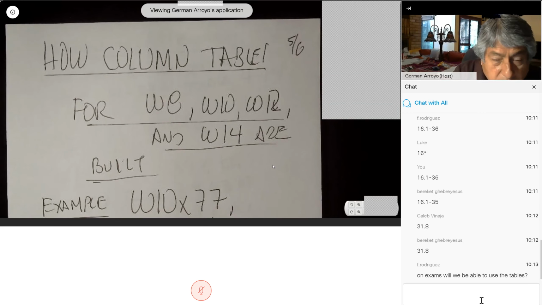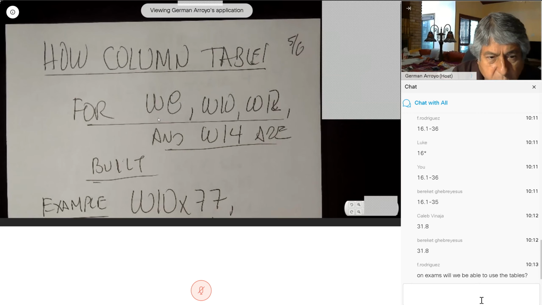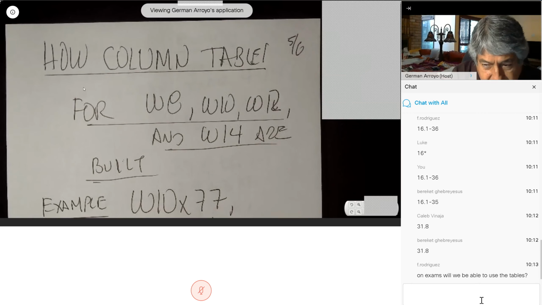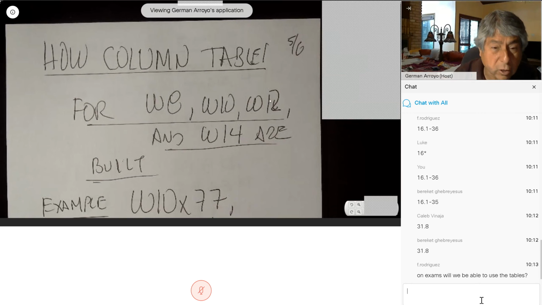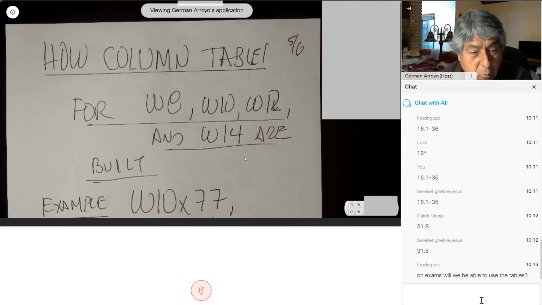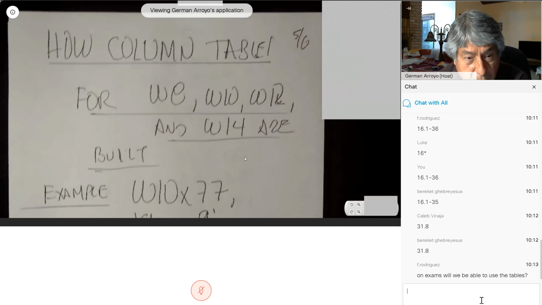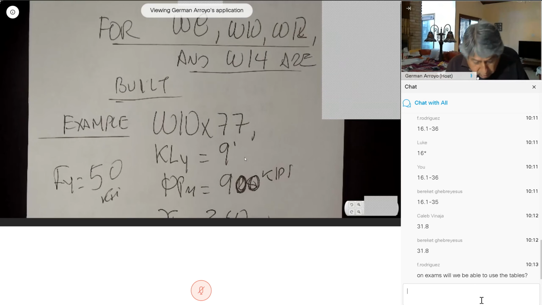Those tables are for the most common depths, W8, W10, W12, and W14. If we find W16, we can also do it, but those are the most common, so the code has done it for you. So I want you to go to the table. I'm going to give you the page in chapter 4.